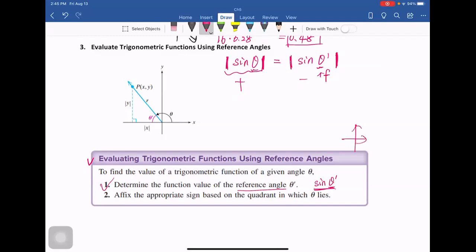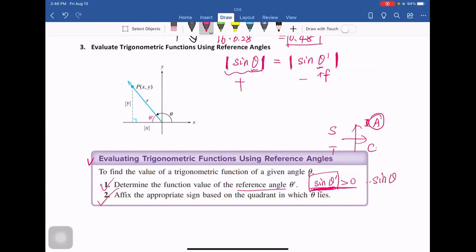Acute angle means the sine of theta prime is always greater than 0, always positive, because in A, S, T, C, in this quadrant, the six trig functions are all positive. So this one is positive. When we know this, we can use this value to decide the actual value of the sine theta.